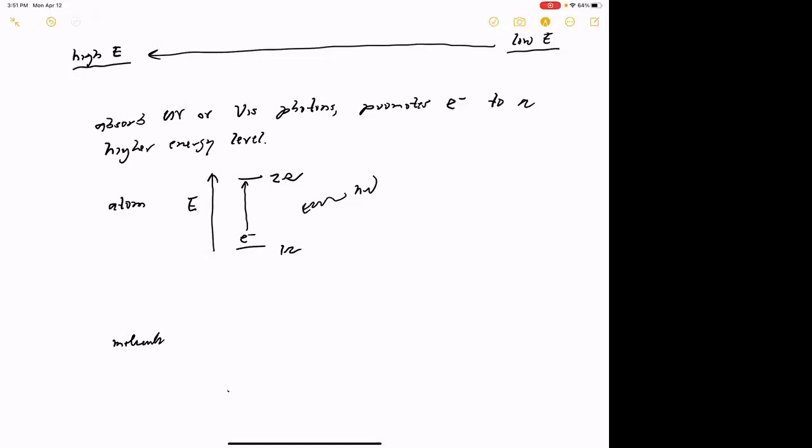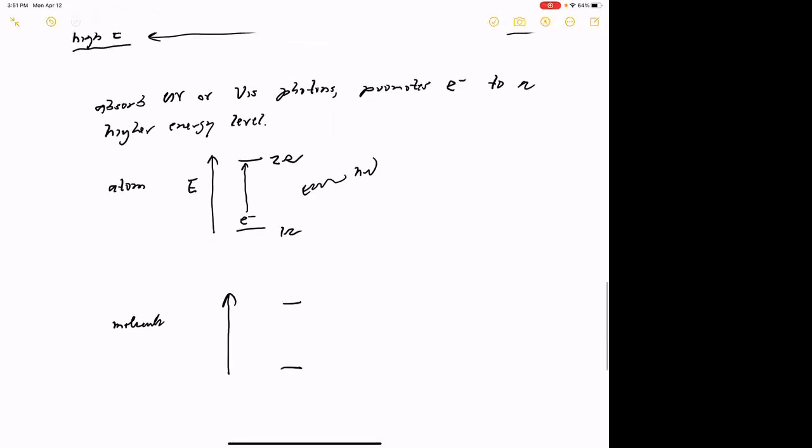And if we're talking about a molecule, it's the same kind of thing. But now these happen to be molecular energy levels. So we might call this, say, a sigma level or a pi level. And these are defined by molecular orbitals and molecular orbital theory, which you guys may not have seen yet. But it's the same basic idea.